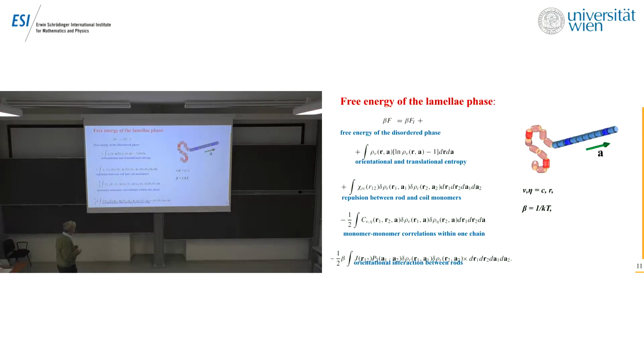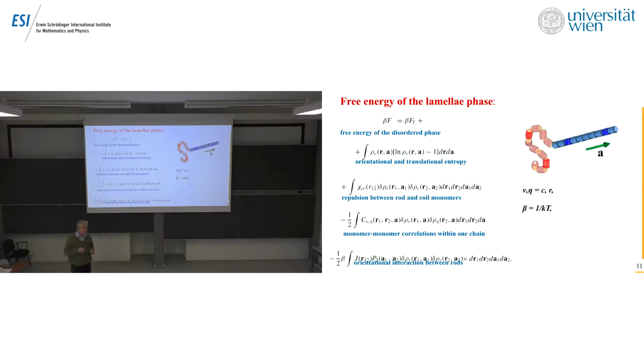And then the orientational interaction between rods, which is taken in the simplest Maier-Saupe form. And so now what we need here is to determine these densities, right?